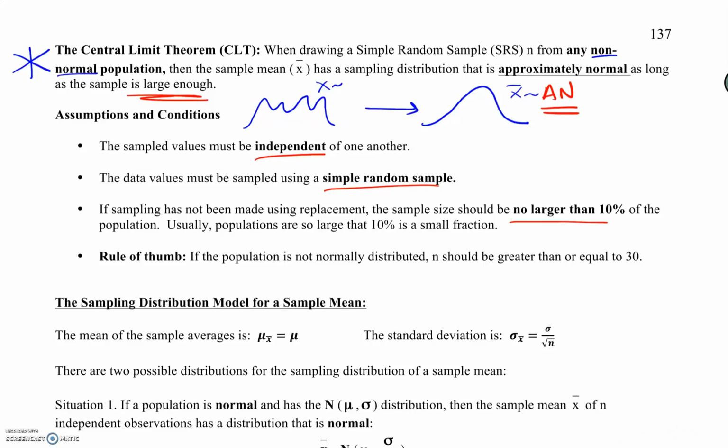And now our rule of thumb has changed. We no longer have a p, a probability of success. So our rule of thumb is just that our n should be greater than or equal to 30. And this is only necessary if we started out non-normal. Something that is normal will be normal regardless. Something that is non-normal needs this rule of thumb to be met, so that way we can get the central limit theorem. That's our large enough.